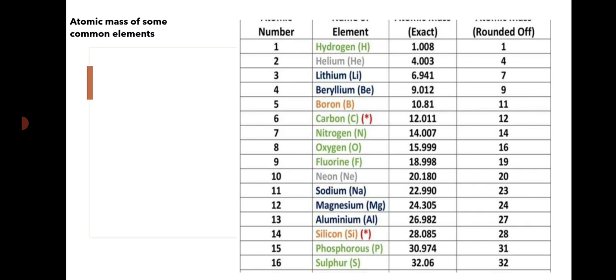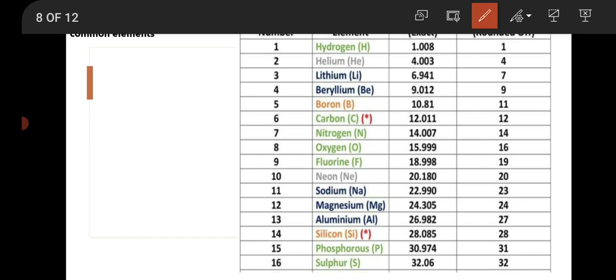Here in this slide I have shown the atomic mass of some common elements. You must remember the atomic mass of certain common elements like hydrogen. Its atomic mass is 1. Carbon, its atomic mass is 12. Nitrogen atomic mass is 14. Oxygen atomic mass is 16.